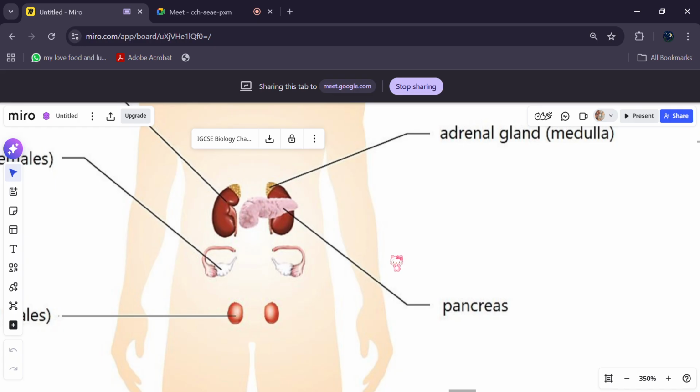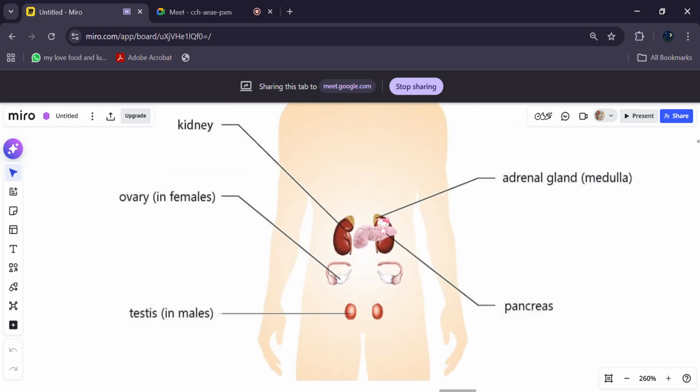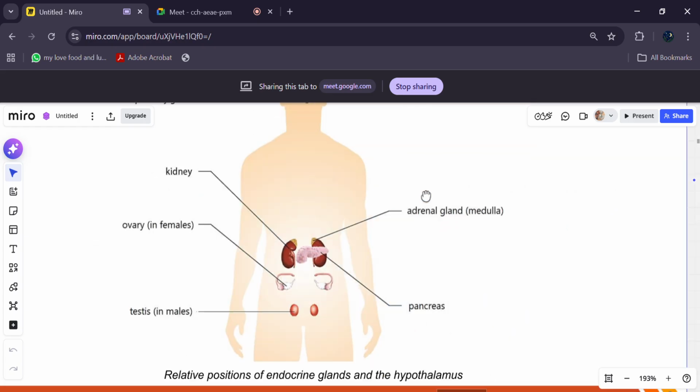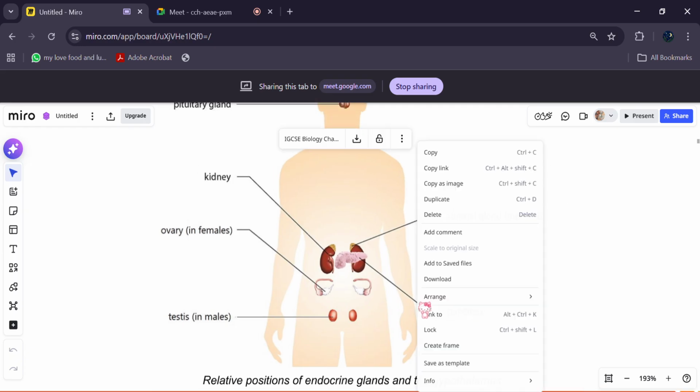Insulin is produced by beta cells, while glucagon is produced by the alpha cells in the islets of Langerhans. The pancreas is in charge of creating both insulin and glucagon, and they are stored in the liver. So when there's too much sugar in your body, insulin is secreted, and when there's too little sugar in your body, glucagon is secreted.